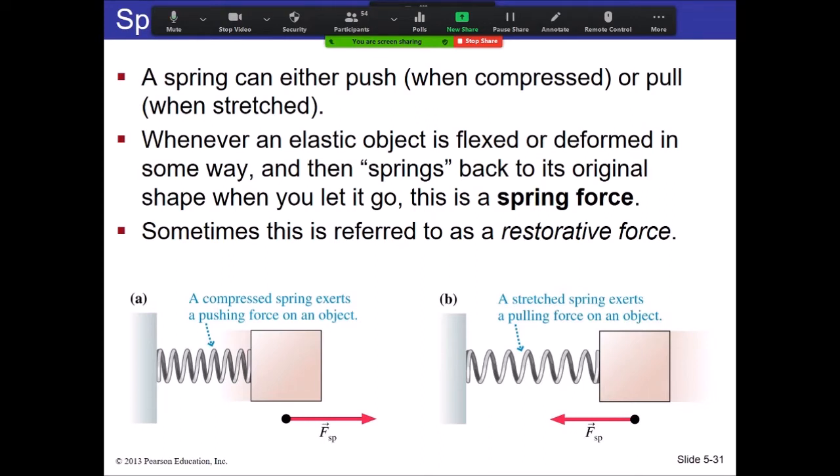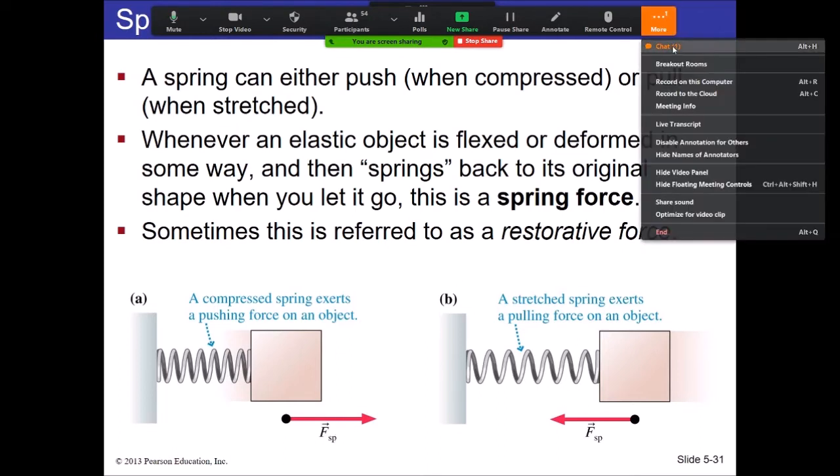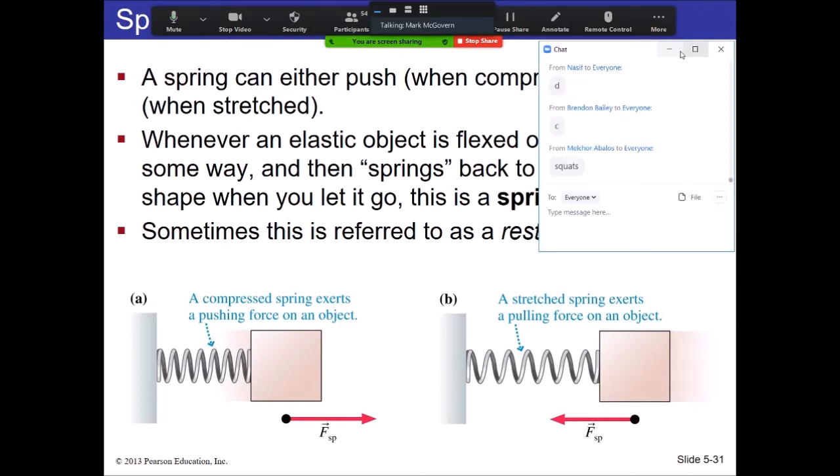A person standing on a trampoline, the upward force is a spring force. We'll label that sometimes with an F sub SP for spring. Later in the class, we are going to say more about this force. We don't do much with it at the moment.